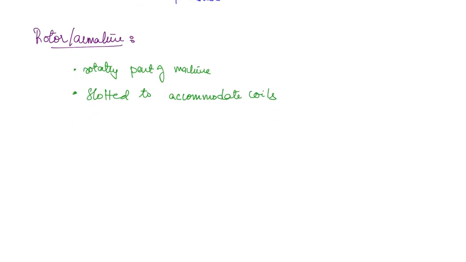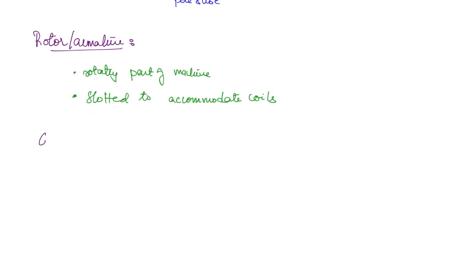We will discuss more about the windings later. Next is the commutator. What does the commutator do? If it is a motor, it ensures unidirectional torque, and if it is a generator, it ensures that the power you are getting is unidirectional power, that is DC power.